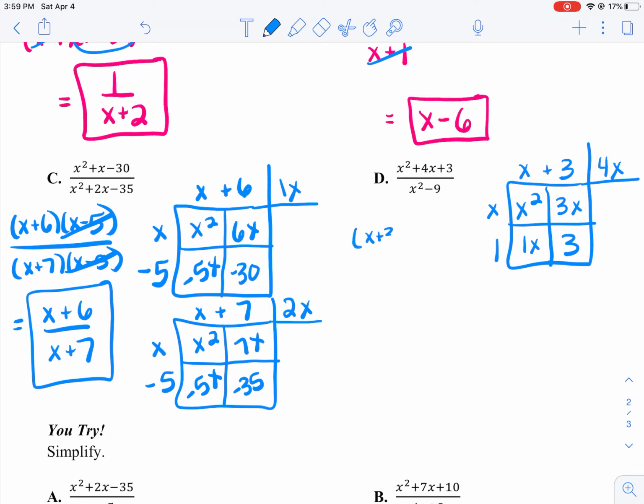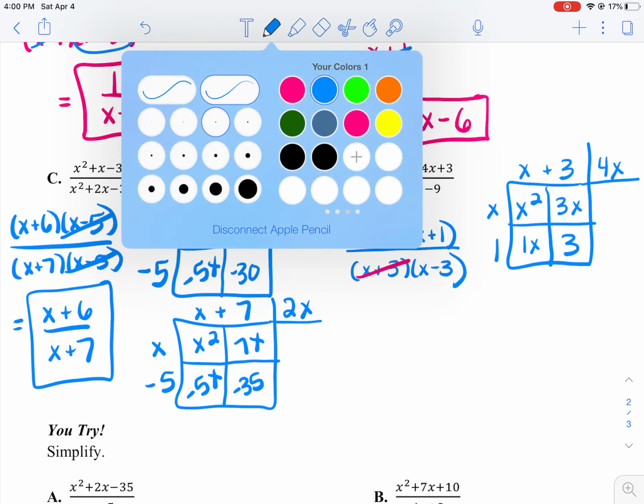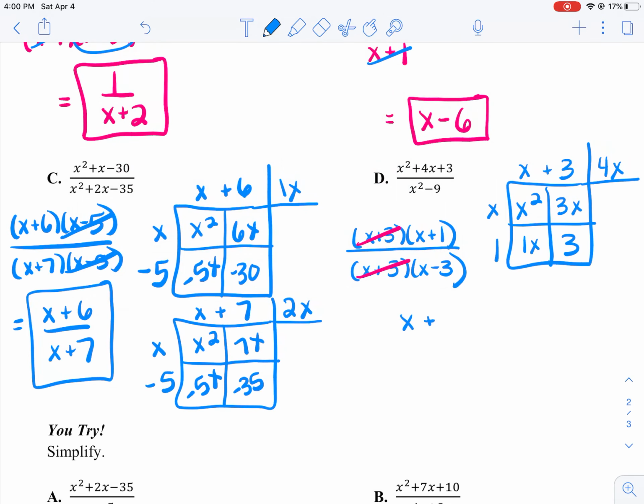Okay, so on the top we get x plus 3 times x plus 1. Okay, notice the bottom is difference of squares. The square root of x squared is x, the square root of 9 is 3, so we do x plus 3, x minus 3. Okay, and then that allows us to cross out the x plus 3's. And so the answer is x plus 1 over x minus 3.